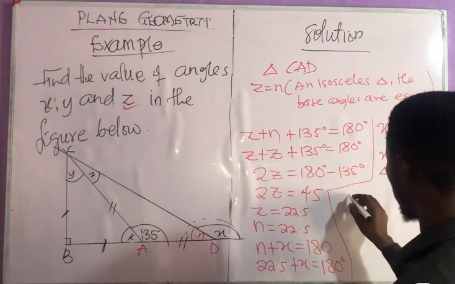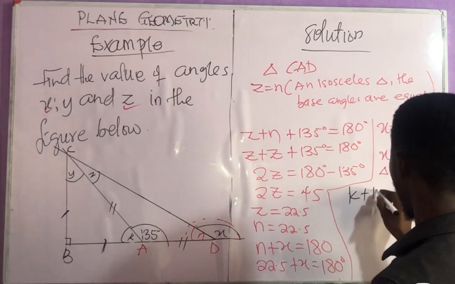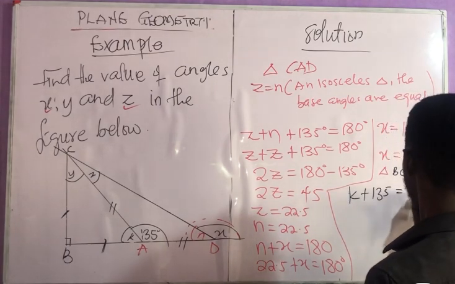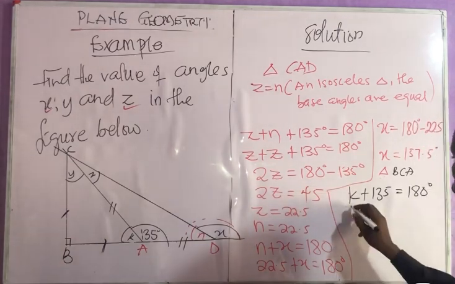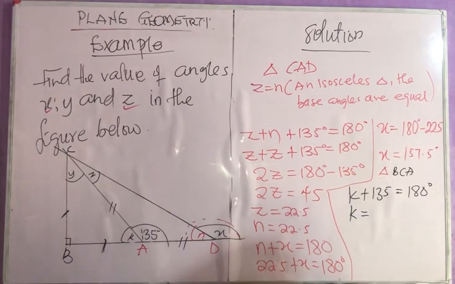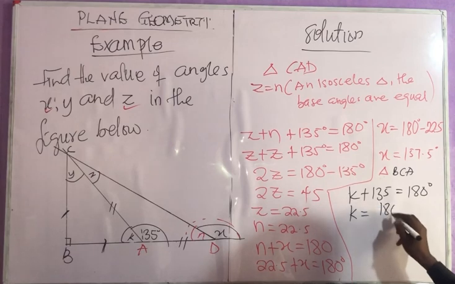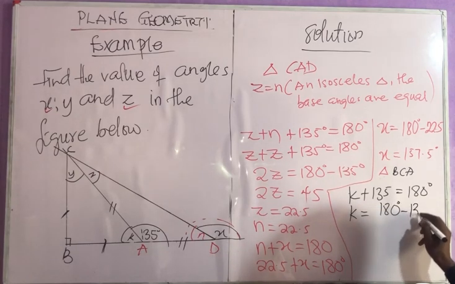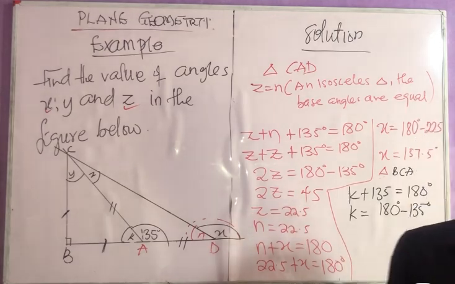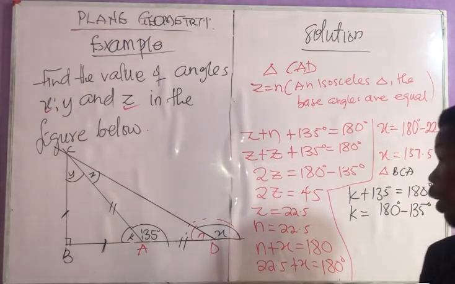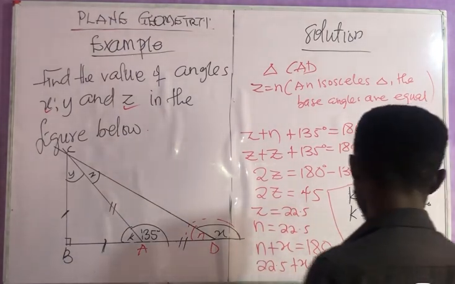So we can say that K plus 135 is equal to 180 degrees. So it means that my K will be equal to 180 degrees minus 135 degrees. Is that okay? So now if you subtract 135 from 180, what are you getting?